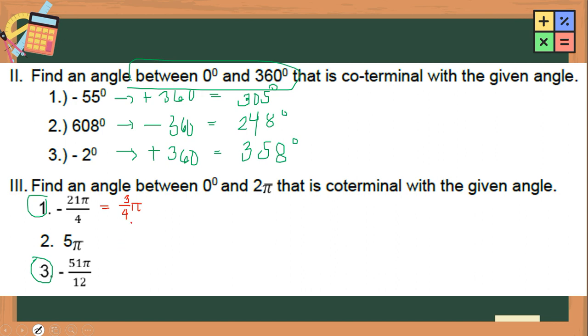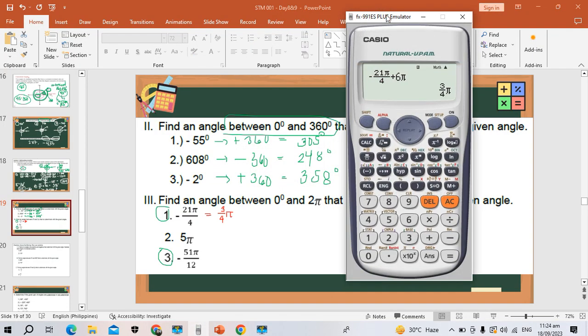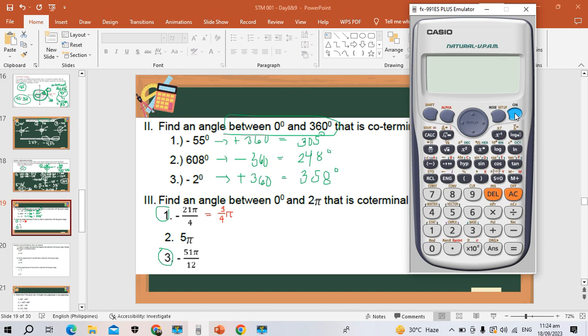Why is the answer 3 pi all over 4? Let's check if our answer is correct. Take the calculator, 3 pi all over 4, and convert it into degrees.